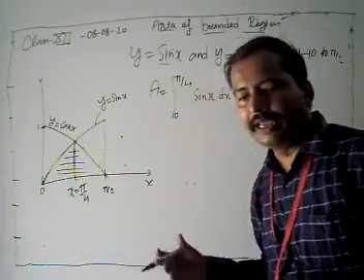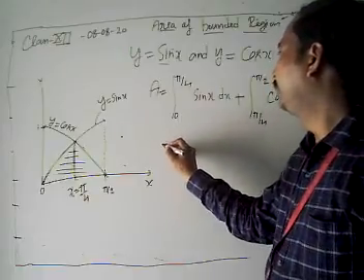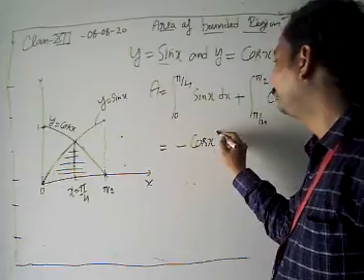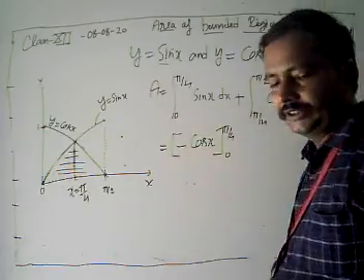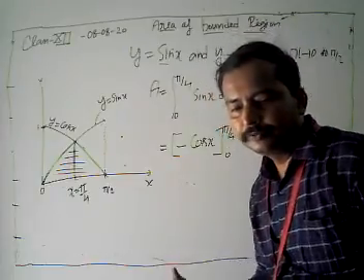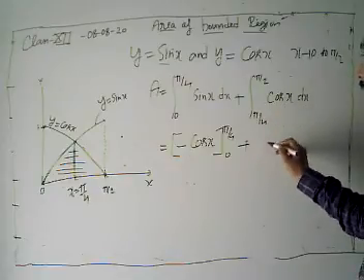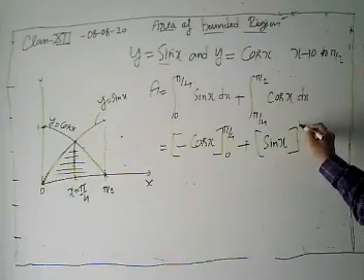Now we integrate and put in the limits. The integration of sin x is minus cos x, with limits 0 to pi by 4. The integration of cos x is sin x, with limits pi by 4 to pi by 2.